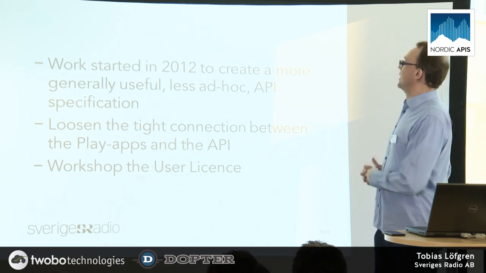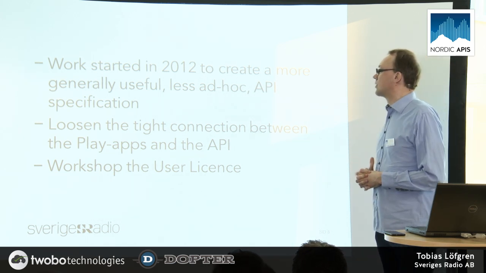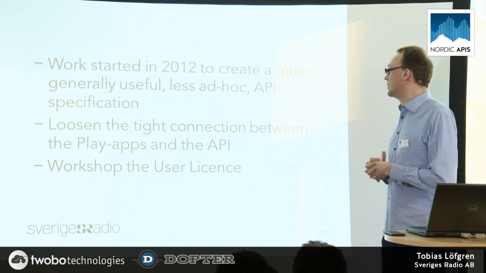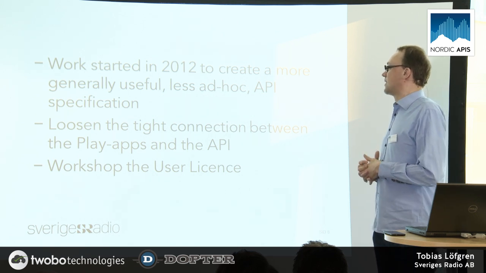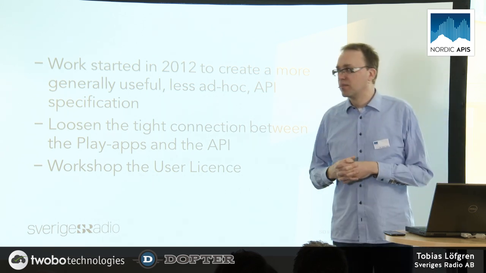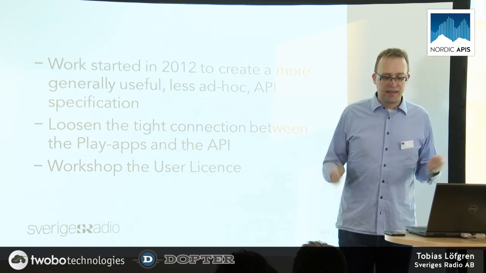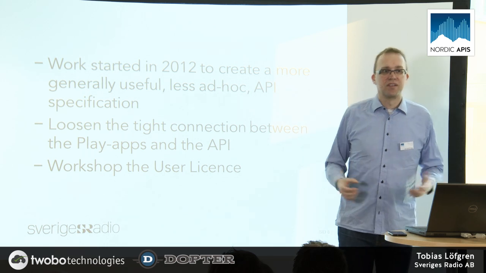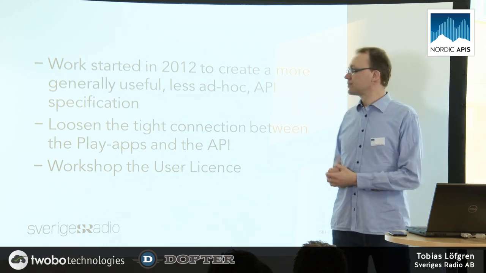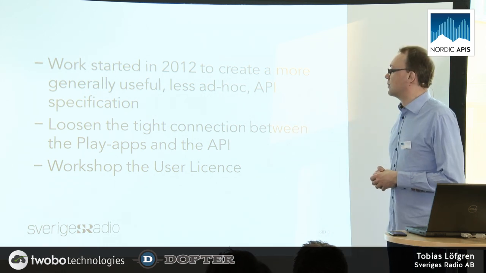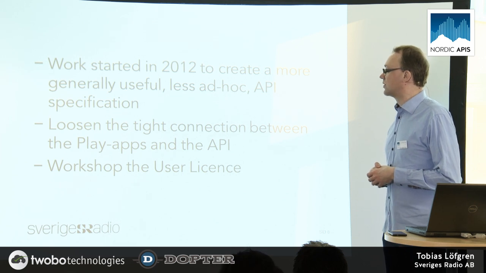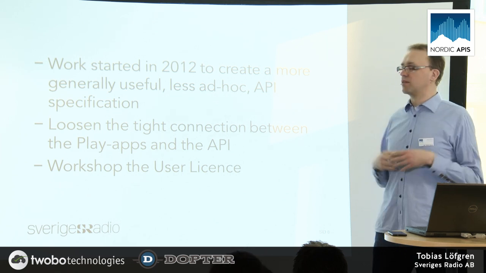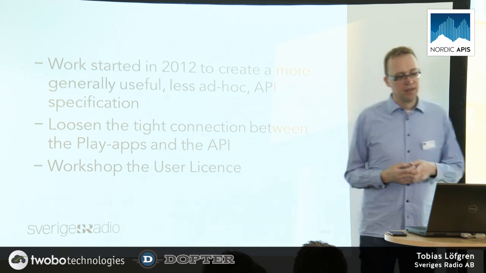So in 2012, we started work to create a more general, useful, less ad hoc API specification, because we really still didn't have an API that was thought out. It just had happened, more or less. Our first version was very oriented towards our own Play applications.